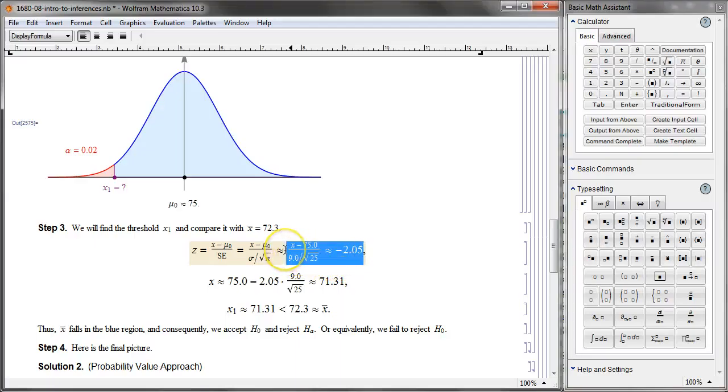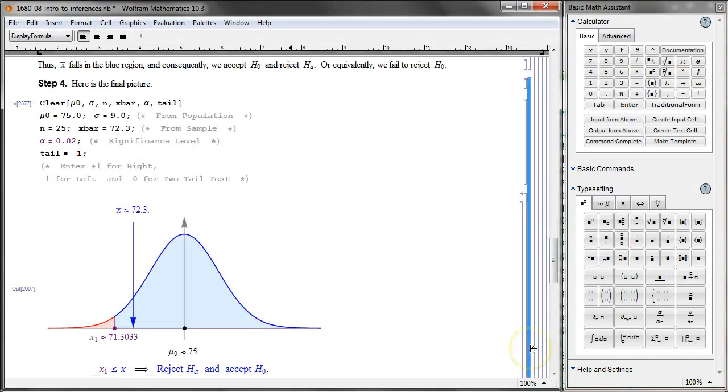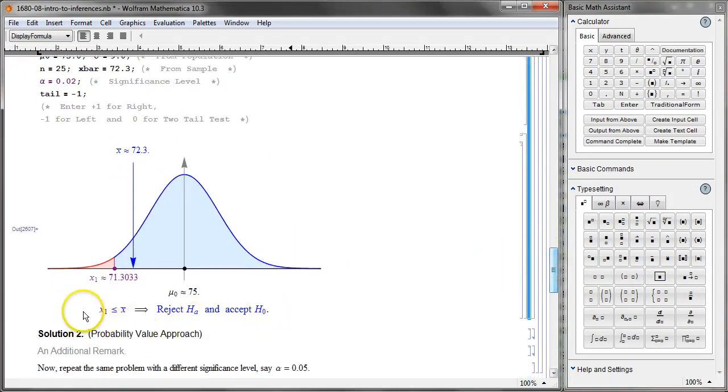Solving this equation, we get x value 71.31, which is this value right over here, and that tells you where to put 72.3. Here we go. This value turned out to be 71.3, and 72.3 consequently is to the right, and consequently the sample mean is closer to the null compared with this threshold, the critical value.